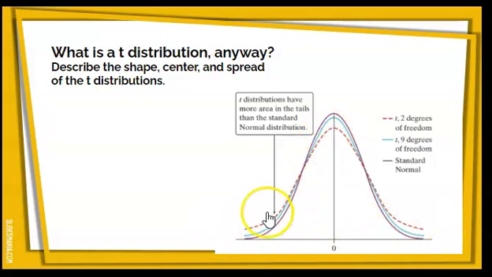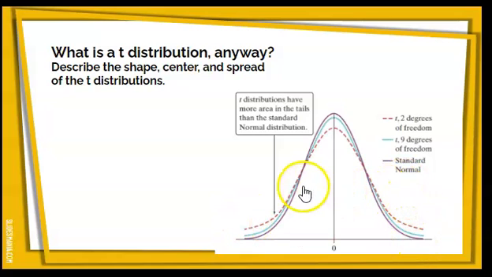When my sample jumped to 10, the tails got a little skinnier and closer to the standard normal curve. So what happens is the higher your sample size, the more likely it is going to be the standard normal curve. But if you have a very, very small sample size, which is more like reality, there needs to be more area in the tails to make this work.